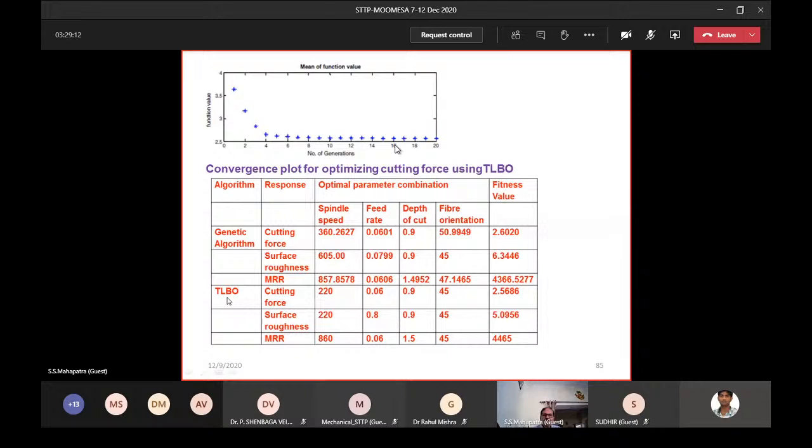You see, for the cutting force, genetic algorithm is 2.60, whereas cutting force in TLBO is 2.5686. And surface roughness, genetic algorithm is 6.34 and here it is 5.09. Material removal rate, genetic algorithm gives 4366.52 whereas TLBO gives 4465.